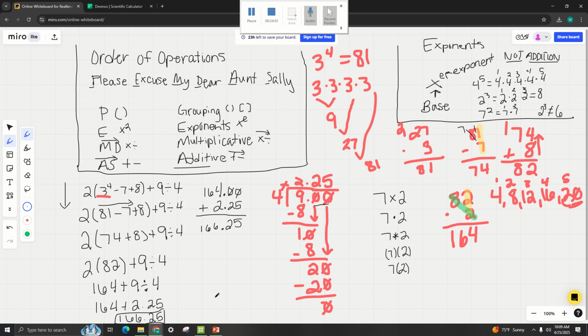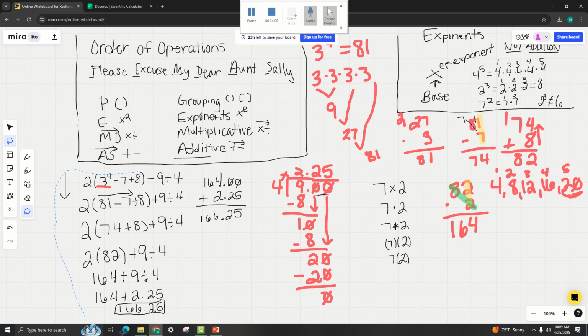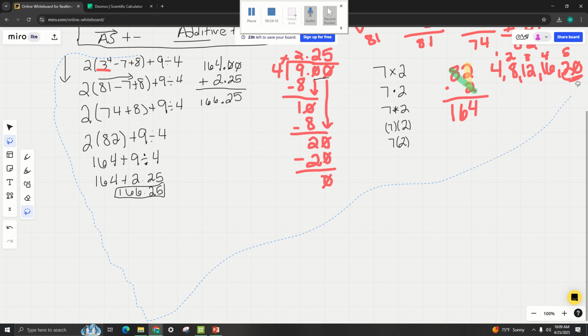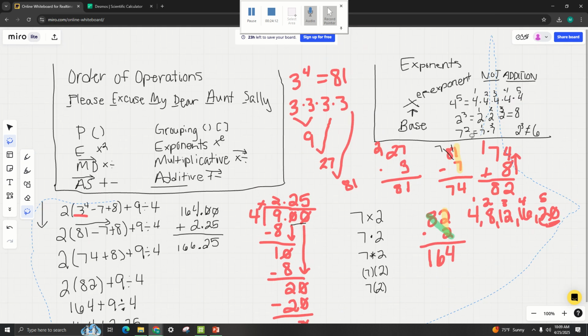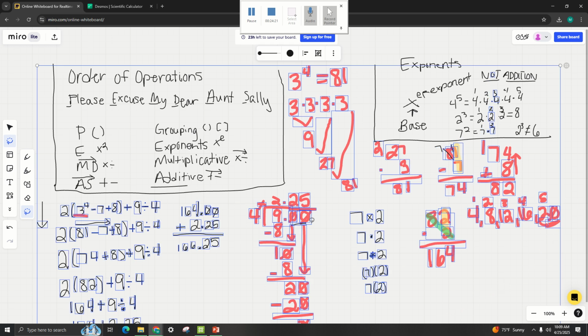So let's go ahead and do another example. Let me lasso all of this and oops. I'm going to erase things I don't actually want to erase. Oh, it did the entire, that's not what I want.